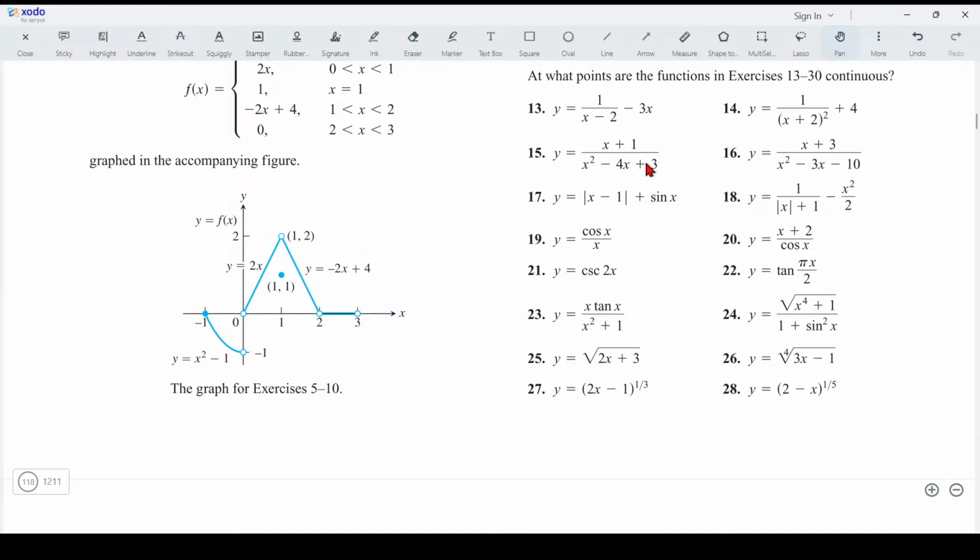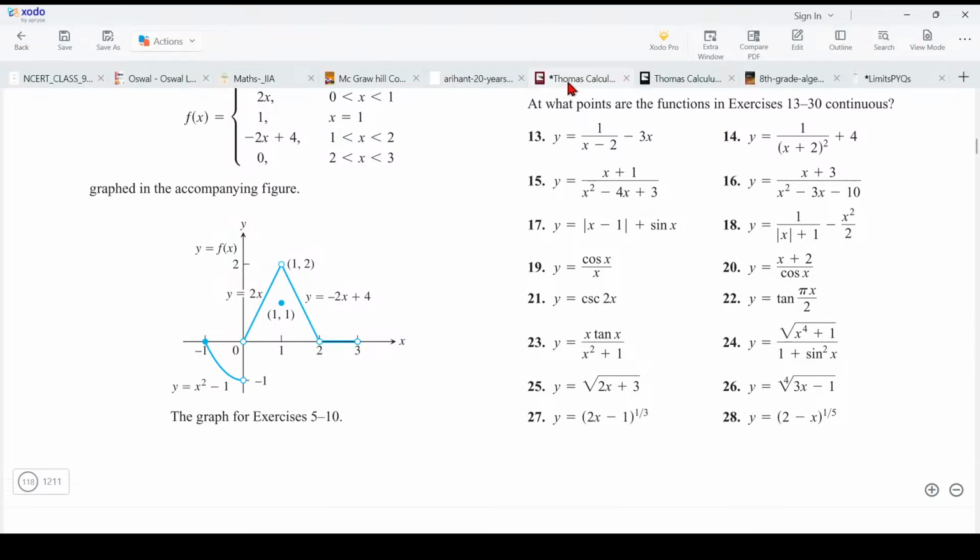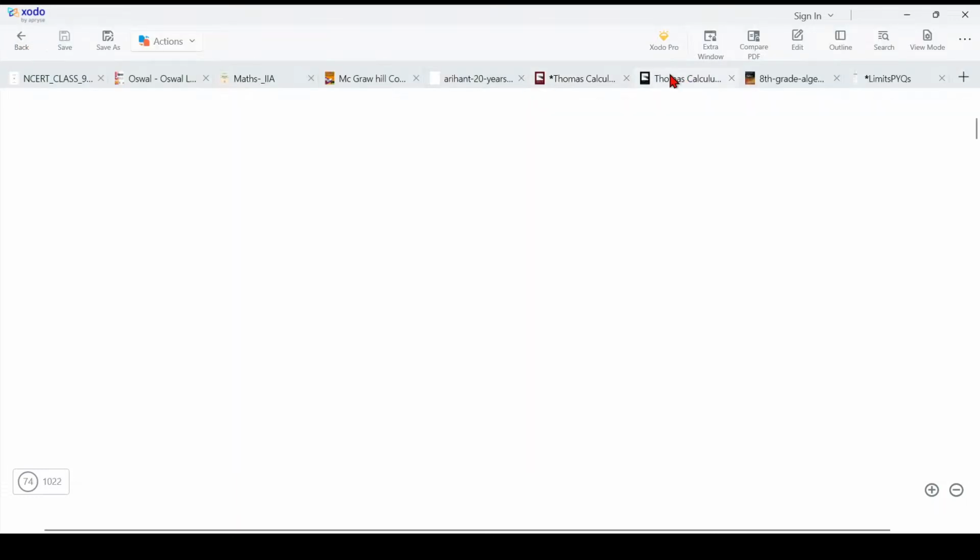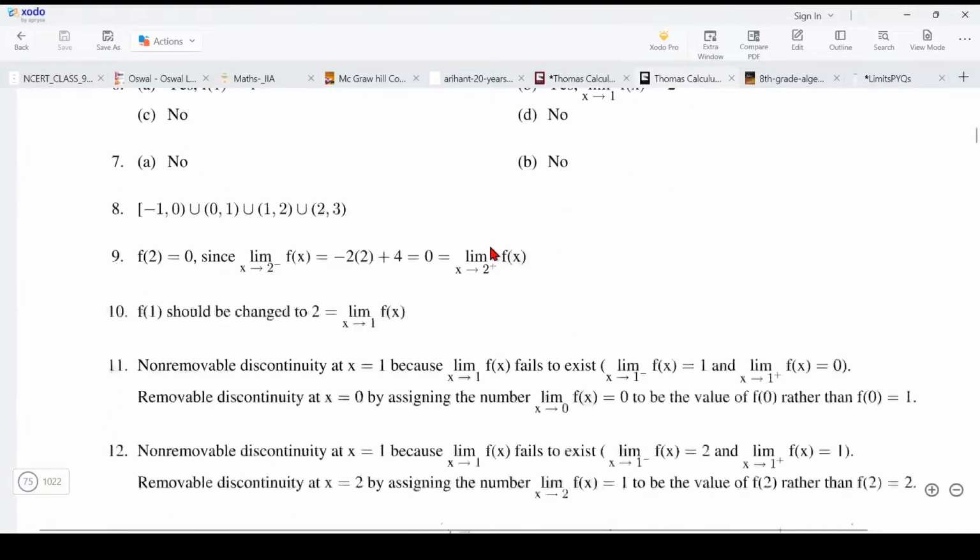So you just need to check if this is always continuous. X minus 1 is always continuous, but mod of x minus 1 can break when x equals 1. So approaching 1 from the left hand side, you will check once, and approaching 1 from the right hand side, you will check once. That's how you will say whether it is continuous or not. Understood?